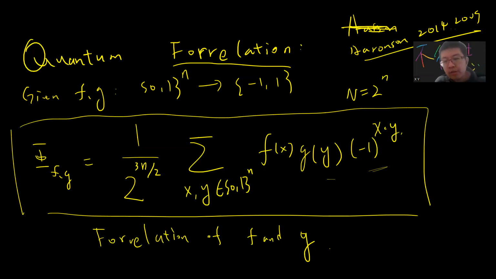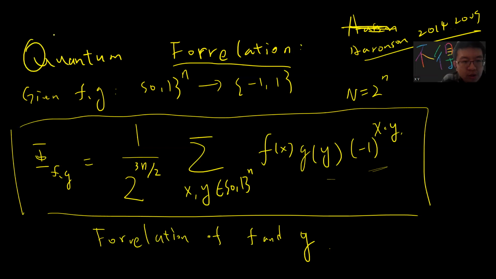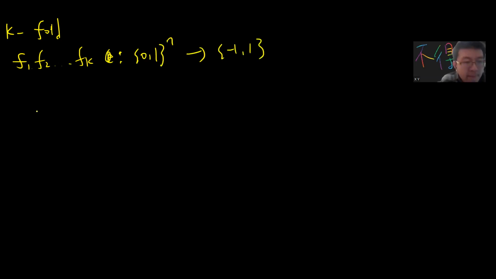And one can define the k-fold one. This one is twofold because there are two functions, and then you can define k-fold. You have f1, f2 up to fk, each a function from {0,1}^n to {-1,1}, and then you define the Forrelation of f1 up to fk.